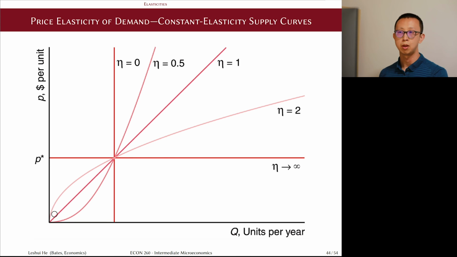Now if we start to plot constant elasticity supply curves, what we'll realize is as we dial up the price elasticity of supply, these curves start to tend towards the perfectly elastic supply curve. Whereas as you dial down the price elasticity of supply, they start to bend backwards and tend towards the perfectly inelastic extreme.